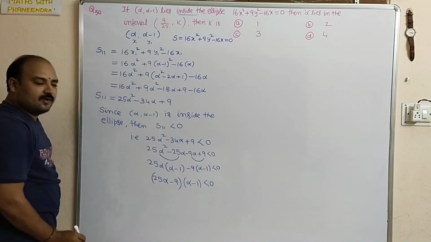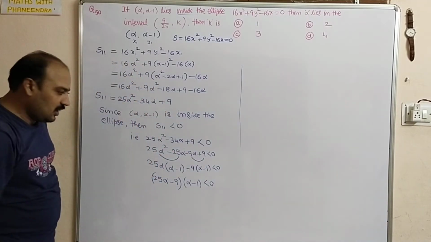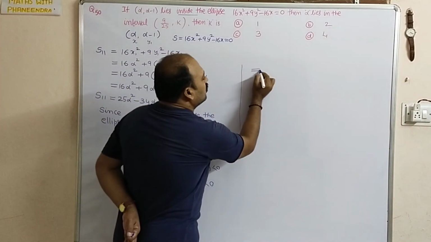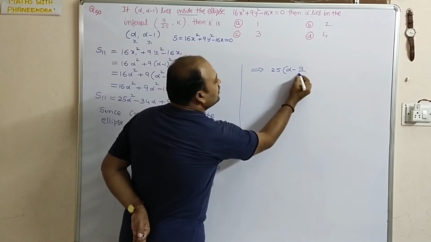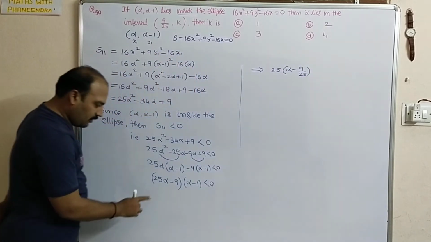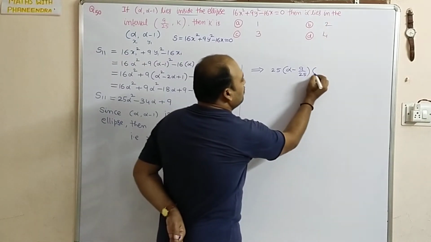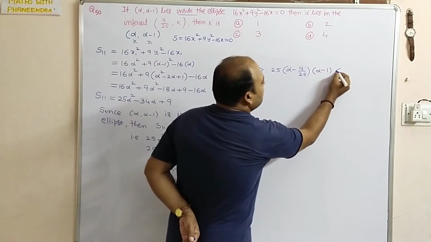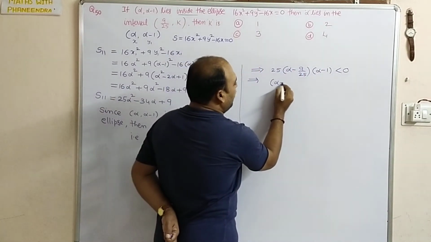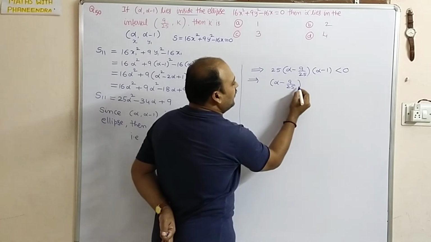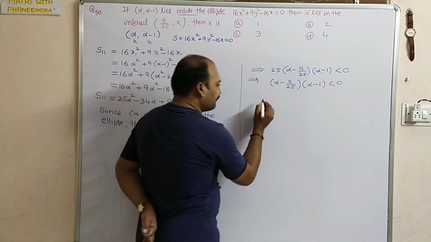After completing this step, only a few steps are there according to the interval. So 25 take common, so it will become alpha minus 9 by 25, and the rest of the term alpha minus 1 is less than 0. 25 also we can take outside. So (alpha minus 9 by 25) into (alpha minus 1) is less than 0.